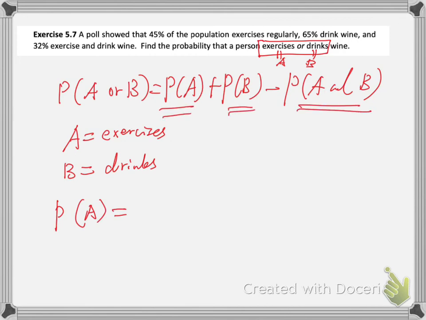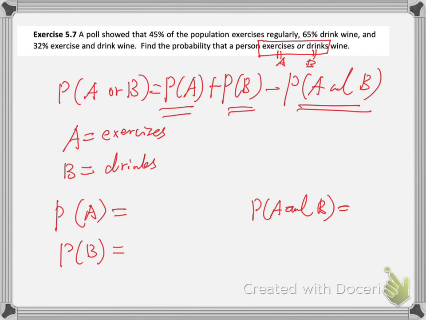We need to find these three numbers and put them together to get P(A or B). Only looking at the last sentence, we got all this information.